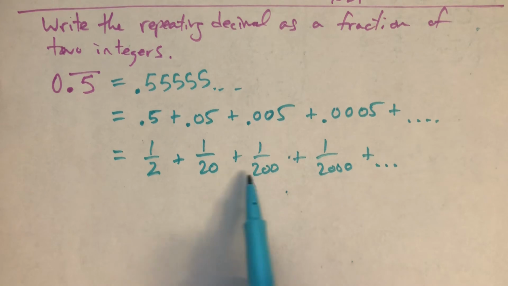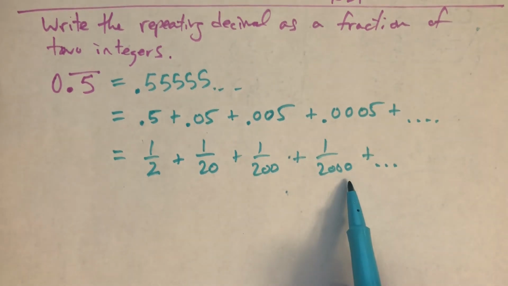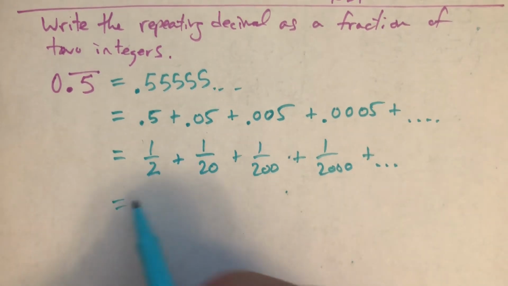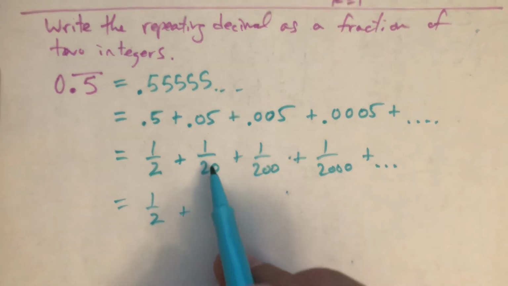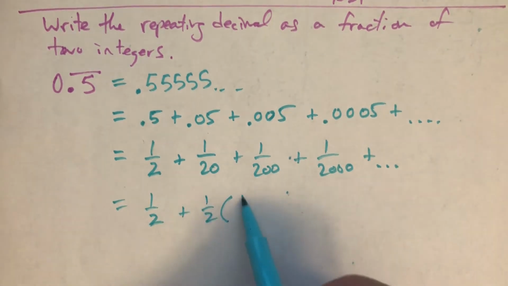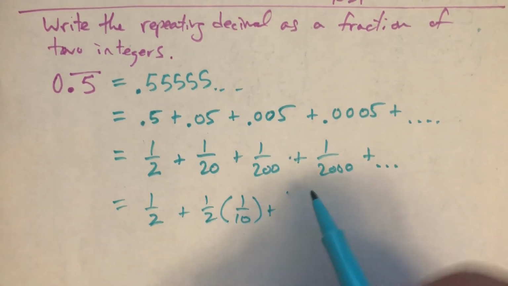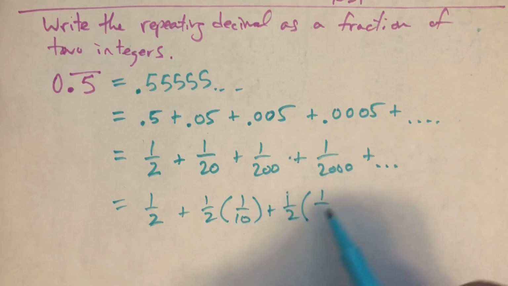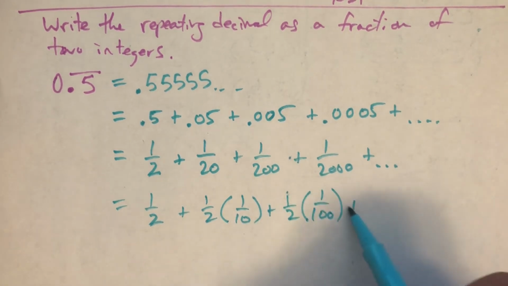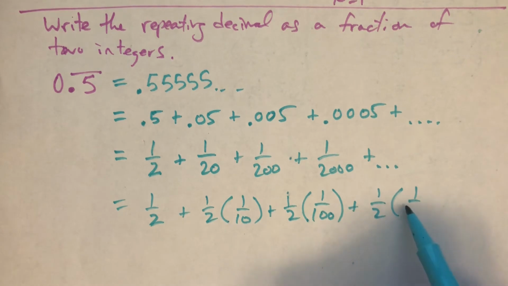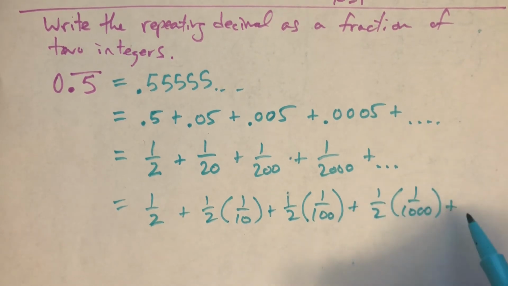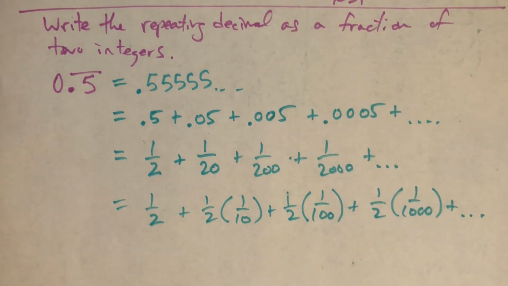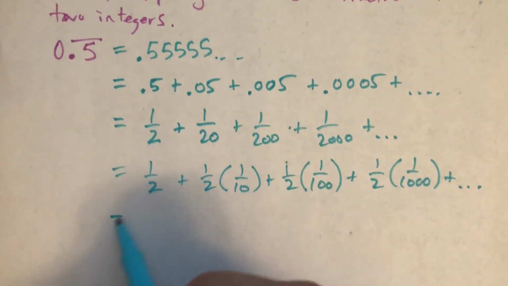We can see that these all have a common factor, don't they? So this is 1/2 plus 1/2 times 1 over 10 plus 1/2 times 1 over 100 plus 1/2 times 1 over 1,000, and so on. Now it's looking even more like we want it to.